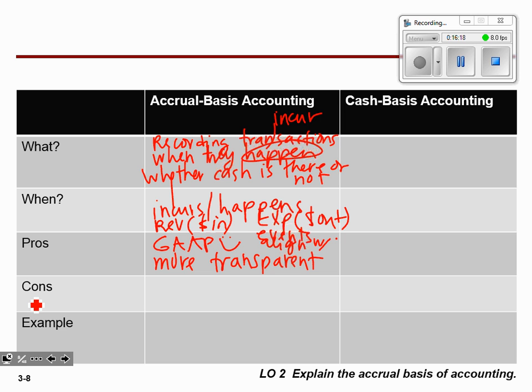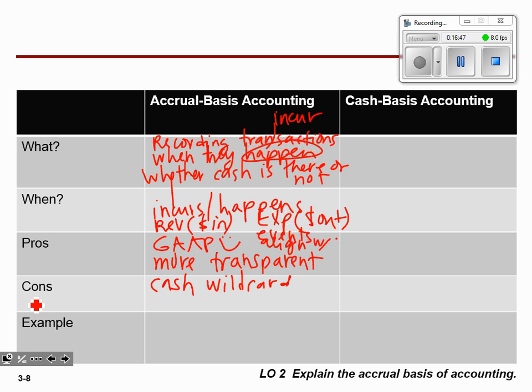What are some cons to this? What are some of your guesses? Yes. Cash becomes a little bit of a wild card. Someone pays, well, what's this? Oh yeah, that was from last year, and now they're paying us this year.